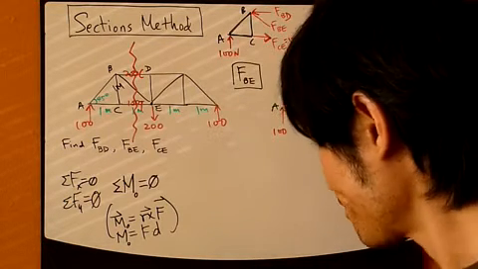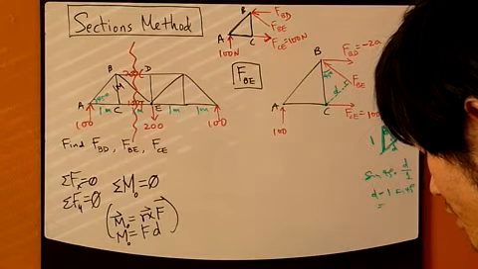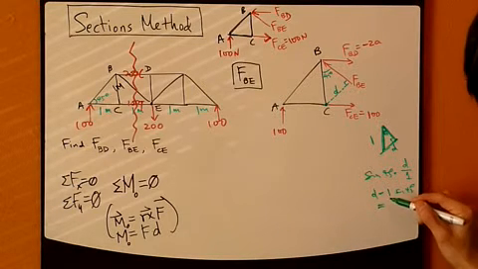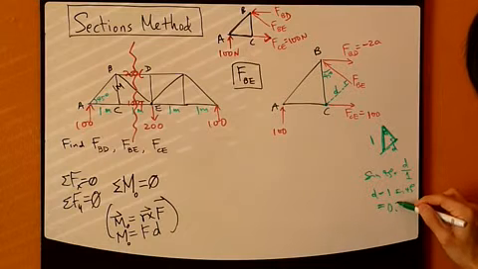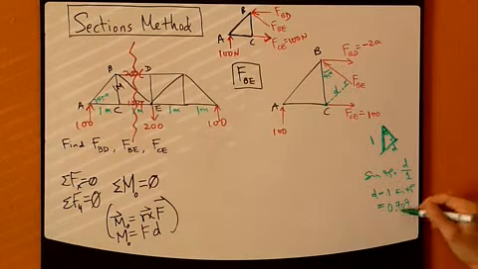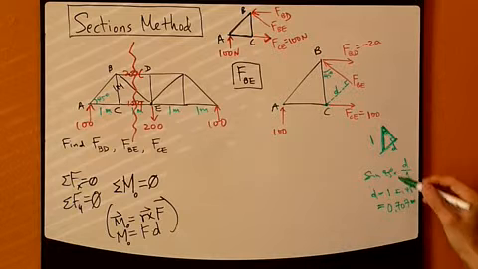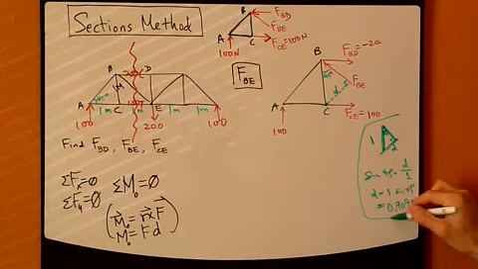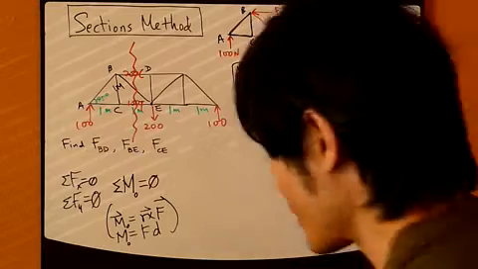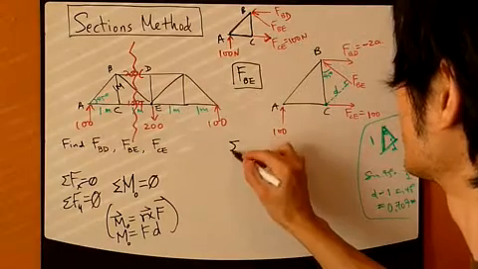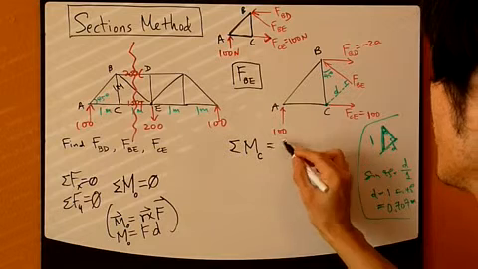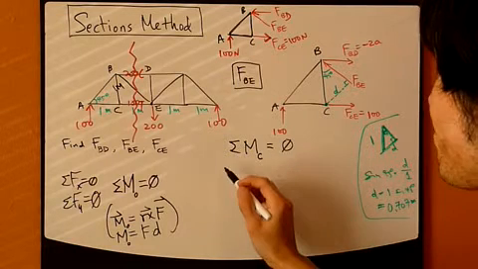That's square root of 2 over 2, so 0.707. That's good enough. Meters. So that's the distance D. Alright, so the sum of moments about joint C is equal to 0.